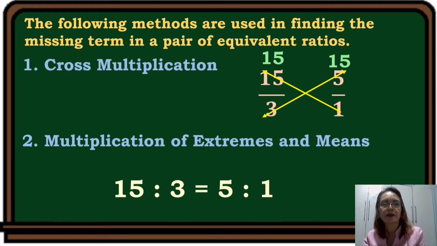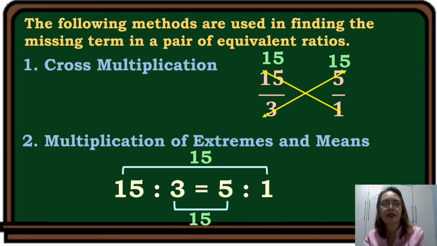Look at here, the first and the fourth terms are the extremes. So get the product of 15 and 1, we have 15. And the product of the means, 3 times 5, is also 15. So therefore, 15:3 is equal to 5:1. These 2 ratios are equal. So these are equivalent ratios because their products are equal.